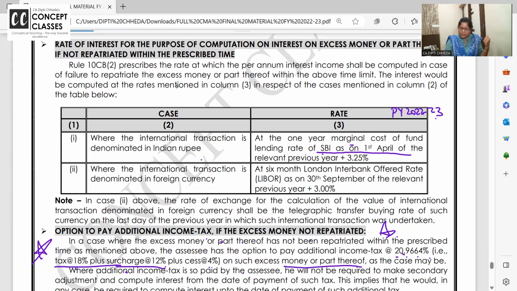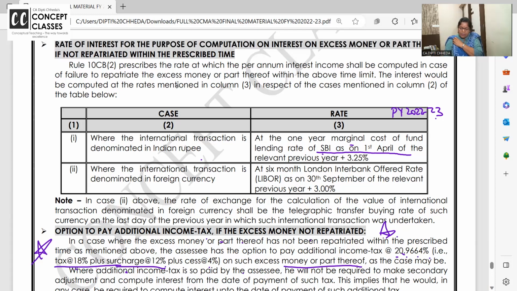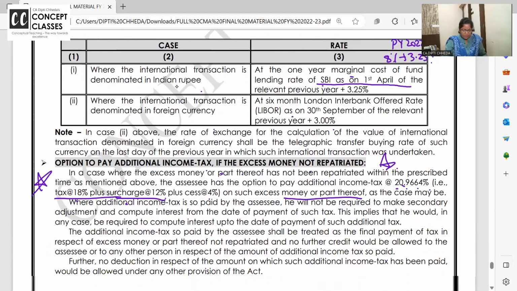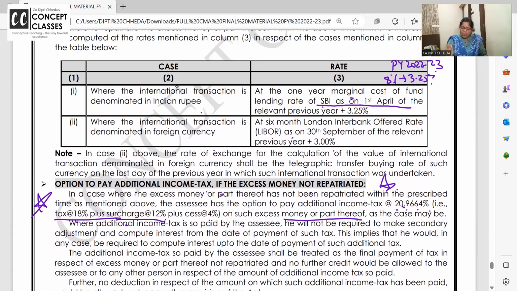So the 1 year lending rate on 1st April prior to the relevant year, say the lending rate of SBI is 8% plus 3.25%. And if this international transaction is in foreign currency, then LIBOR plus 3%. Okay, right. If this money is not brought in India, then every year, whatever is that difference, 20 lakhs, that is treated as income.